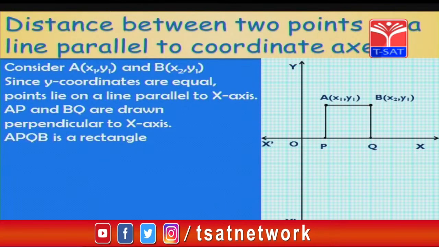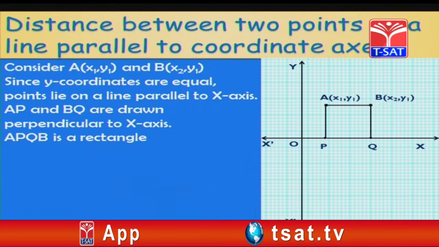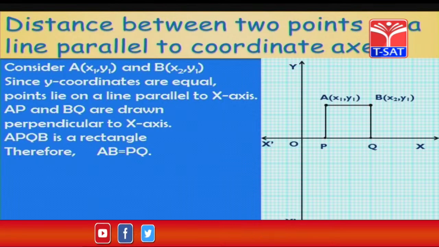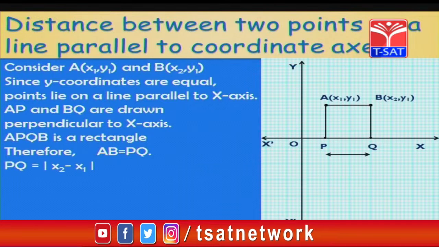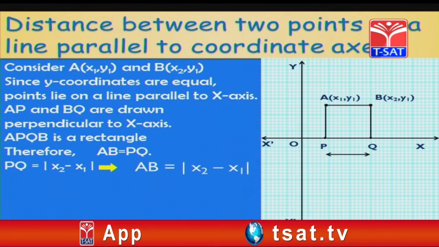When you observe APQB, it represents a rectangle. So, APQB is a rectangle. Therefore, AB will be equal to PQ, since opposite sides of a rectangle are equal. But PQ is equal to x2 minus x1, which implies AB is also equal to modulus of x2 minus x1.